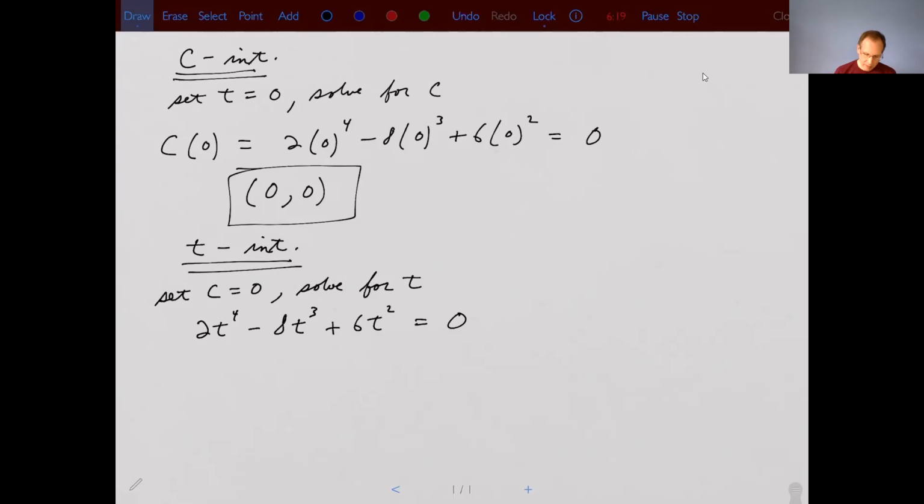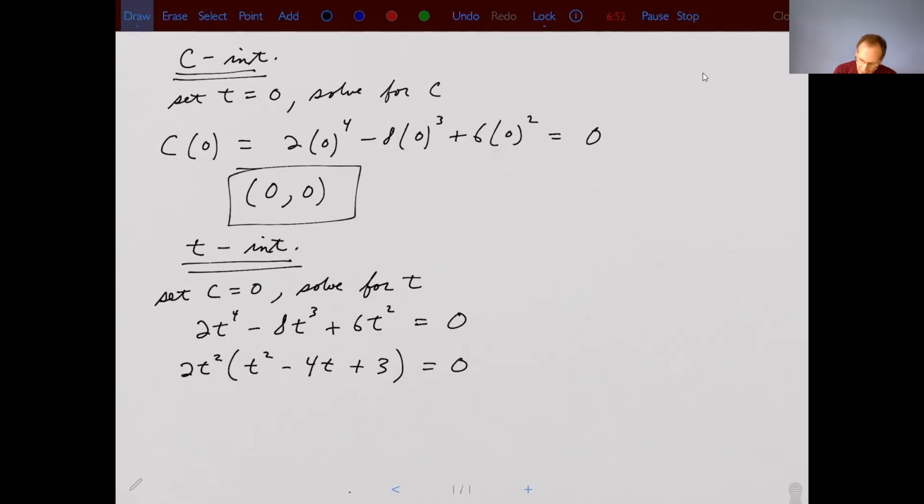In this case, since there's something common to every term, 2t squared is common to every term, I could pull that out front, and I'm left with t squared, because 2t squared times t squared will give me 2t to the 4th. Then minus 4t, and then plus, well, 2t squared times what will give me 6t squared? I need a plus 3. And that equals 0.